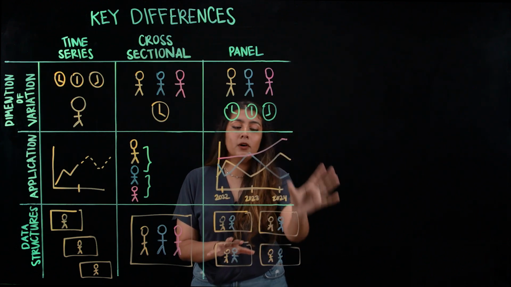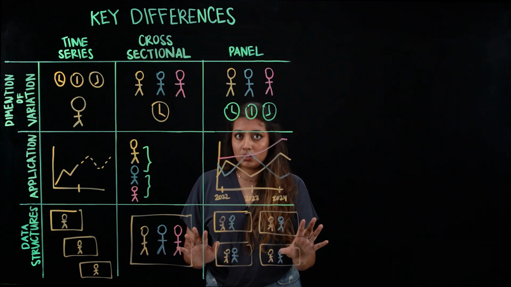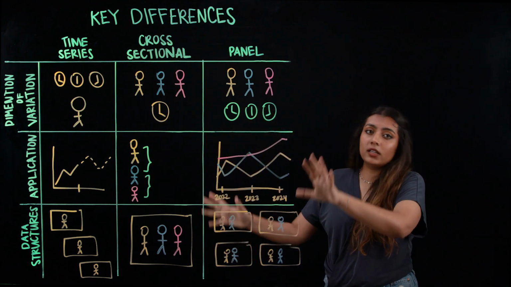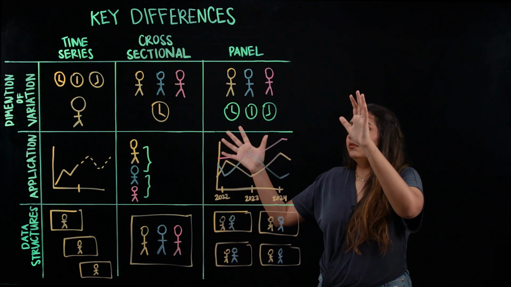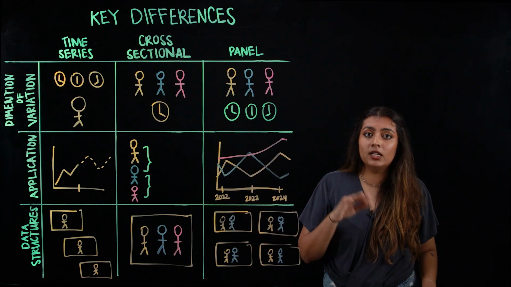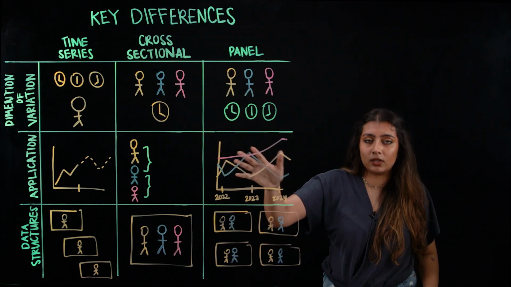So we're looking at multiple snapshots of multiple individuals over a course of time. Now, like I said, this is going to be our quick and dirty view of what the key differences between each of the 3 data structures are: our time series, cross-sectional, and panel data.